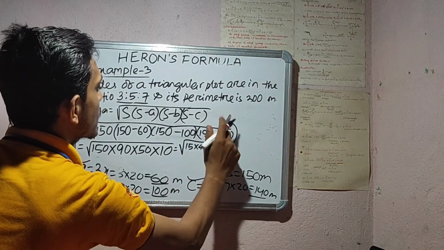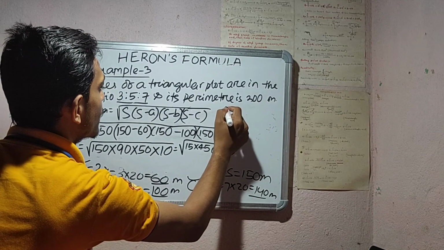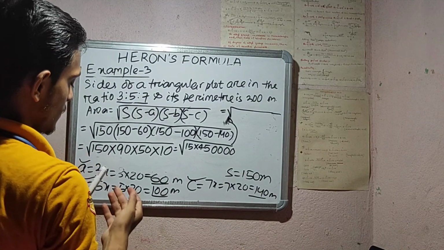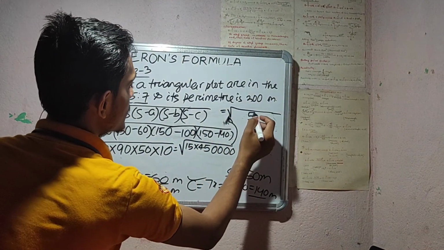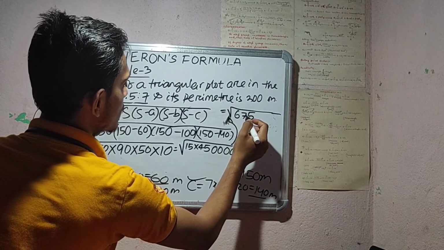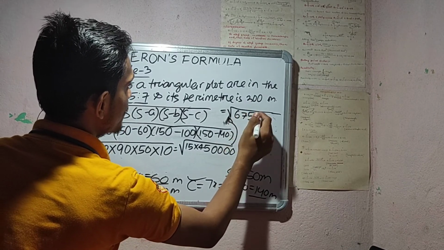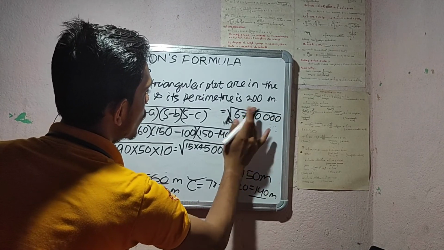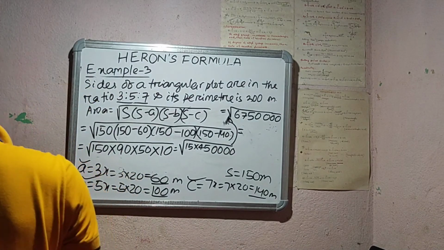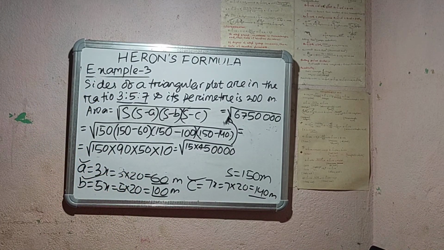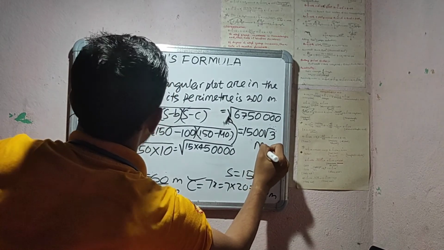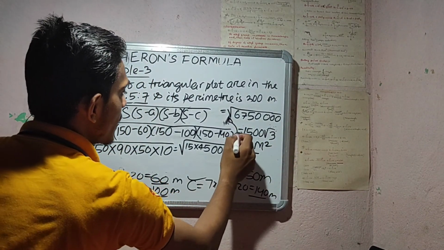This gives the square root of this, which gives 1500 root 3 meter square. This is your area.